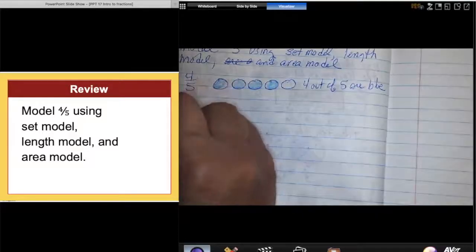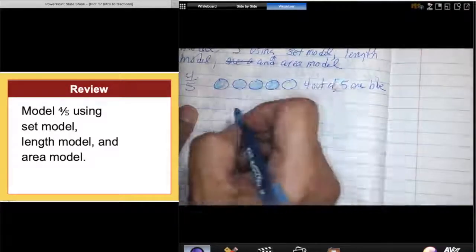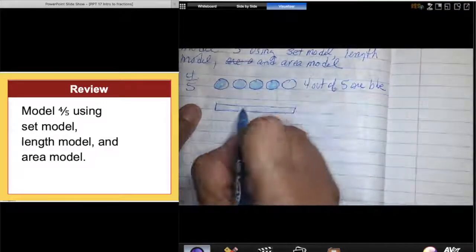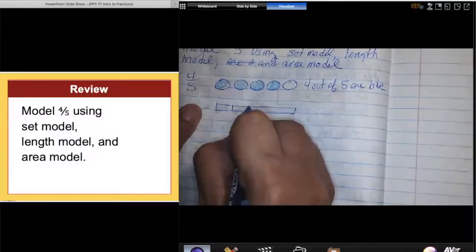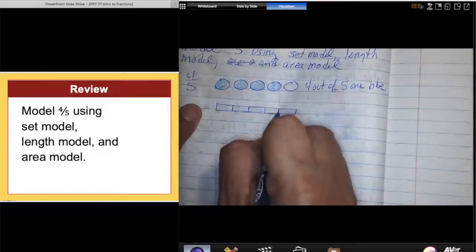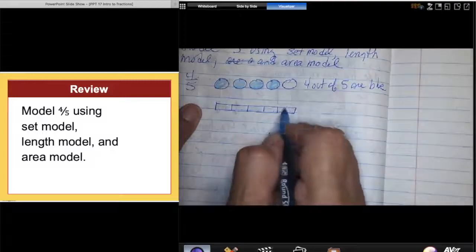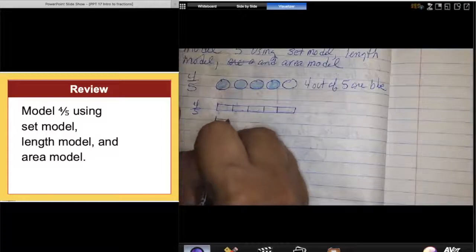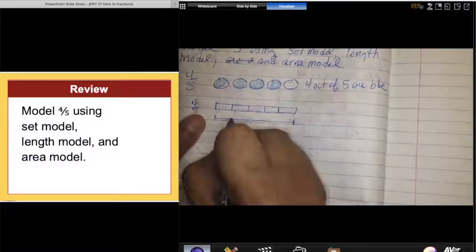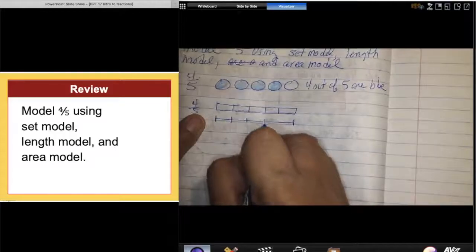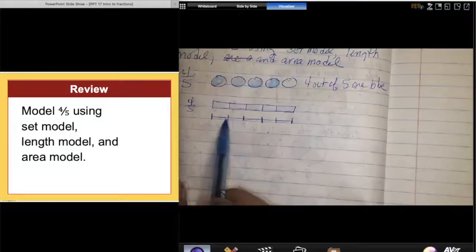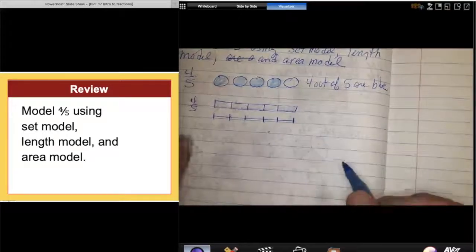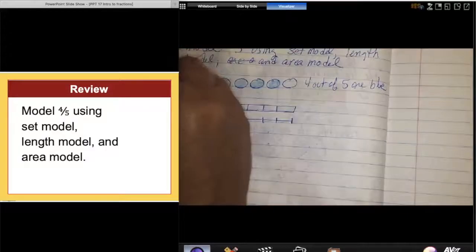In the length model, I could do a number line. I could do a fraction strip. One, two, three, four, five. So I could do a fraction strip for the length model, or should we label this one? Hold on, this one was a set model.